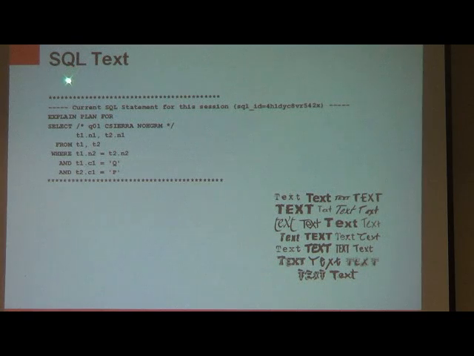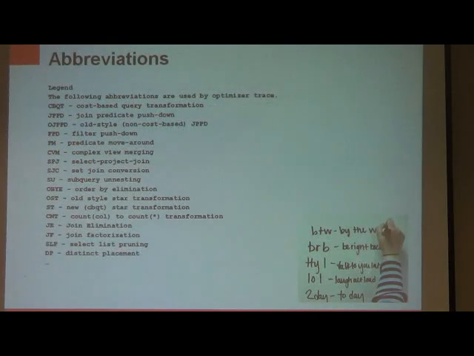First, when we look at the file, we will find a section that says SQL text, where we find our SQL. That is easy. There is a section that has many abbreviations. This one is something you want to read at least one time. After you read it once, you kind of recognize some of these acronyms.